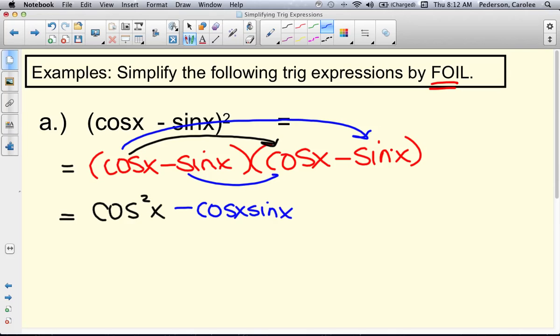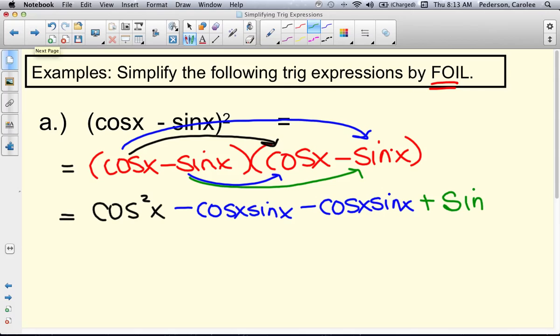Then, inside, negative sine of x times cosine of x is negative cosine of x sine of x. And then we have our last: negative sine of x times negative sine of x. Negative, negative turns it to a positive. Sine of x times sine of x is sine squared of x.